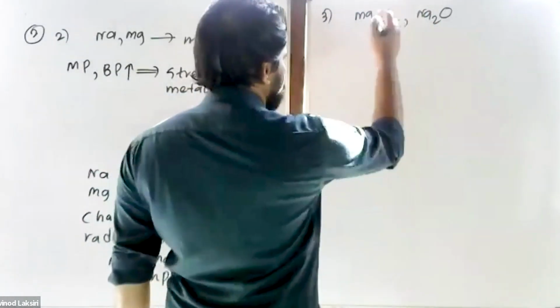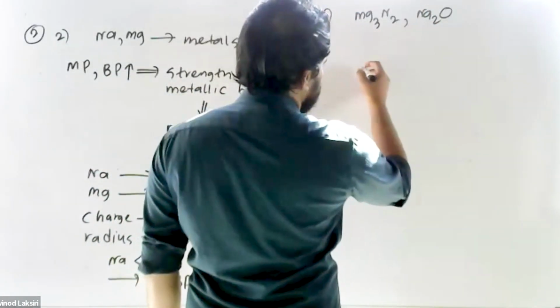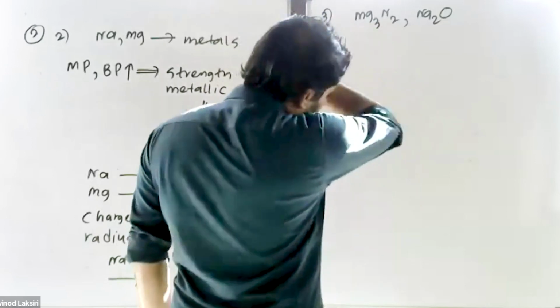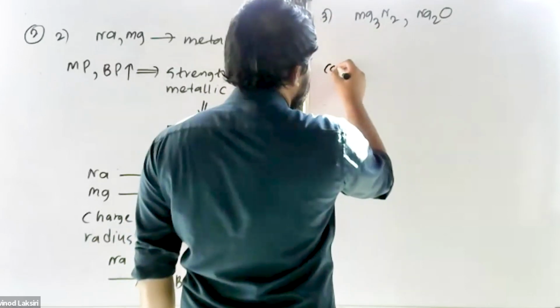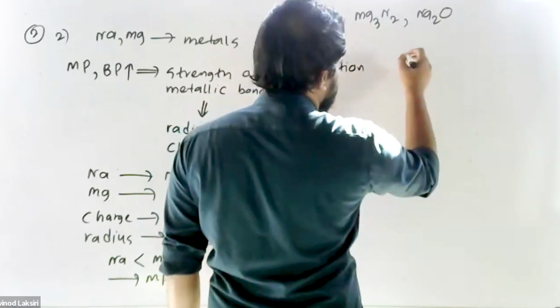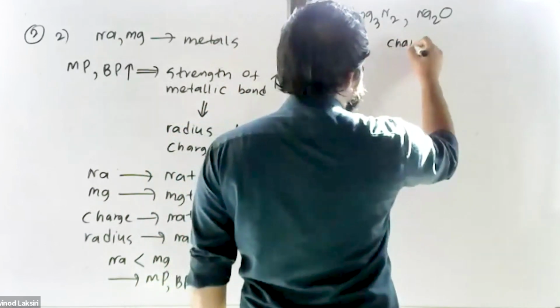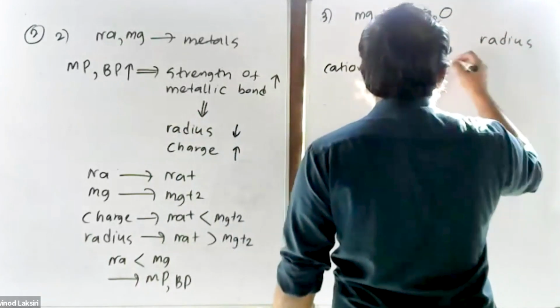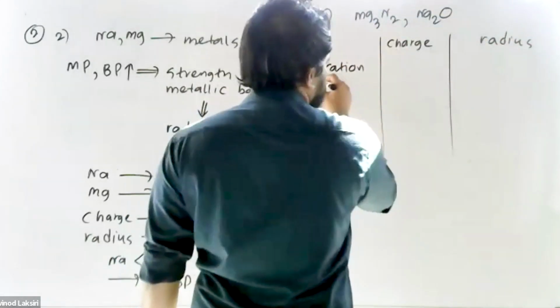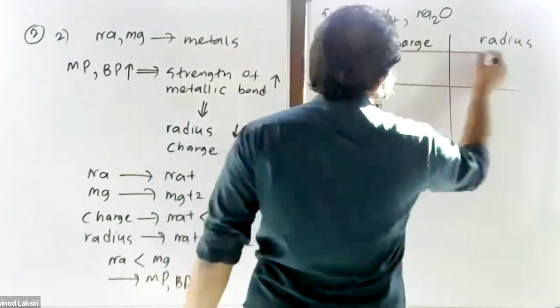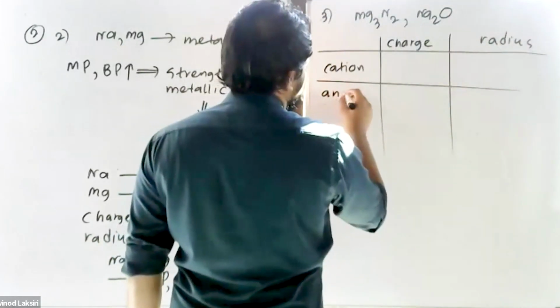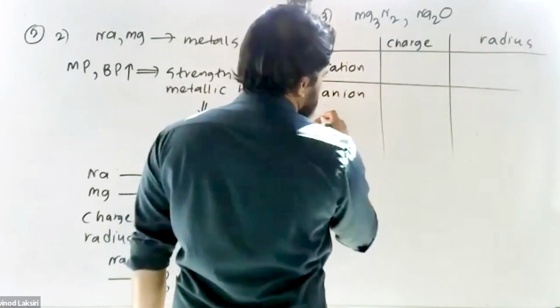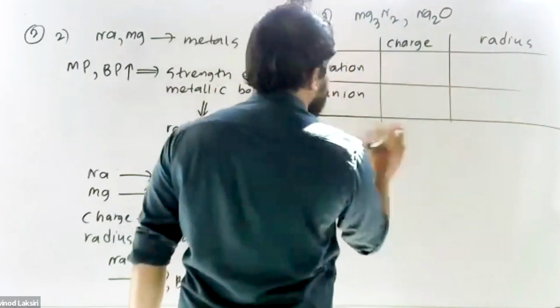So here I will write down like this way. Cation, when considering cation, charge and radius, and anion, charge and radius, right?